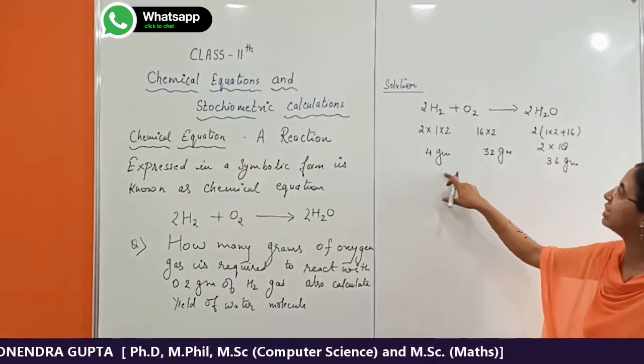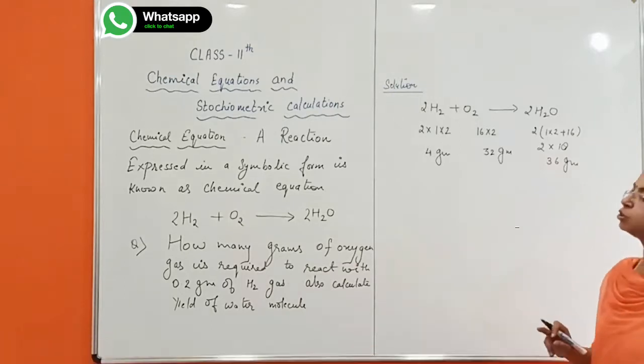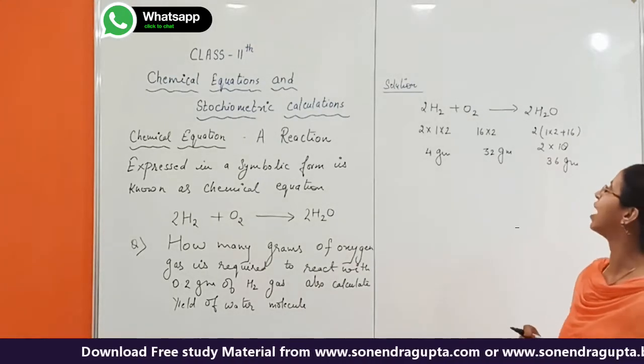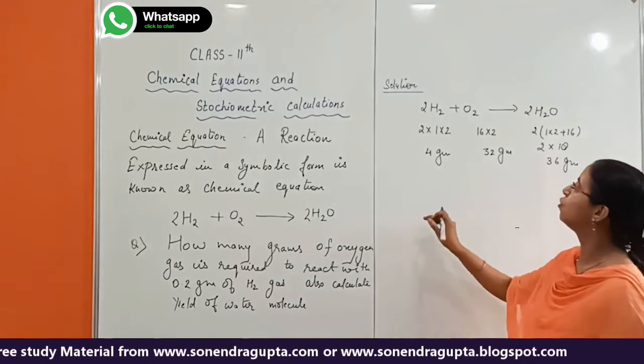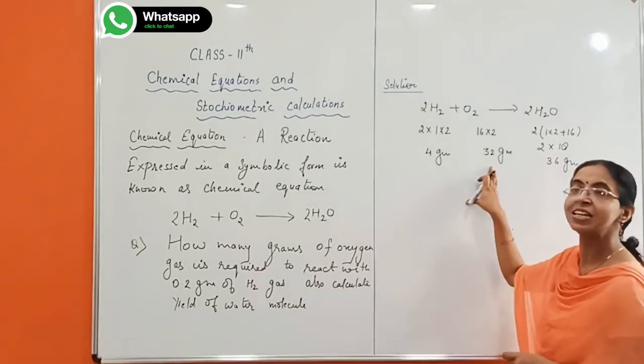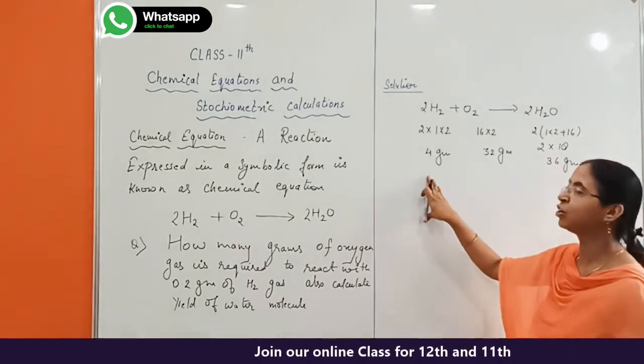So first of all, this calculation is very important. Now we come to our numerical, that how many grams of oxygen gas is required. So for this you have to write how many gram of oxygen gas is required to react with 4 gram of hydrogen.